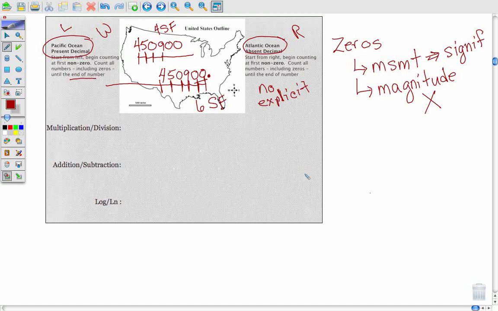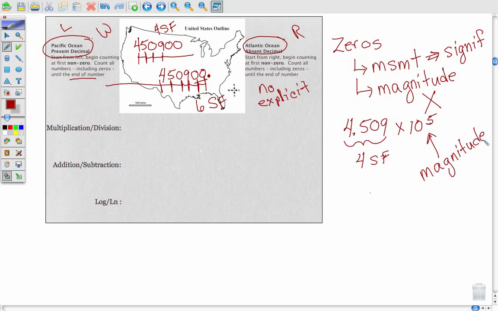Now, what is nice about scientific notation is it takes this guesswork or figuring out of the equation. So that first number we looked at would be 4.509 times 10 to the 5th power. It's clear that I have 4 significant figures because I don't need any zeros to tell me magnitude, because my exponent is what gives me my magnitude for my number.